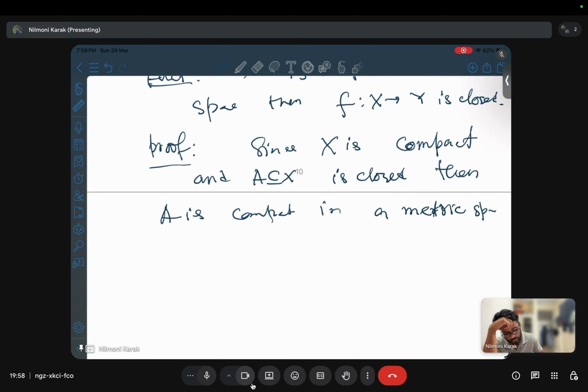This is a true fact, right? If closed in a compact space, then it is compact.